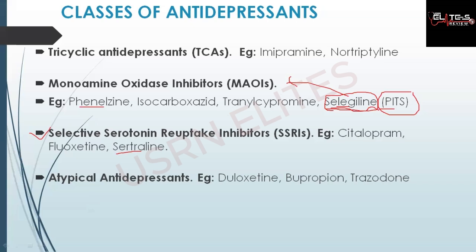So I will not go much into how they work because the NCLEX will not ask you that. The NCLEX is a safety exam. Most of the time, safety issues are what they normally ask. And we will look at some of them.